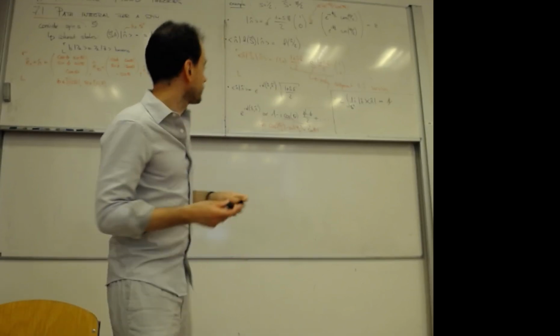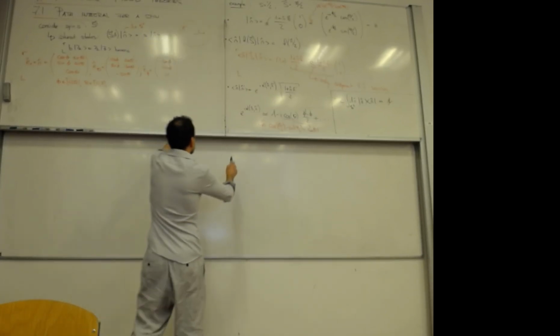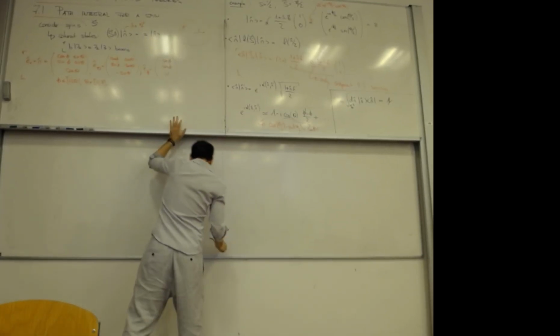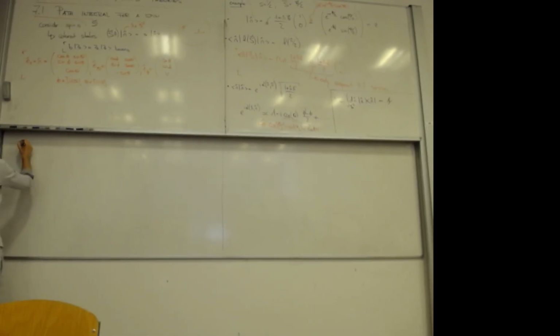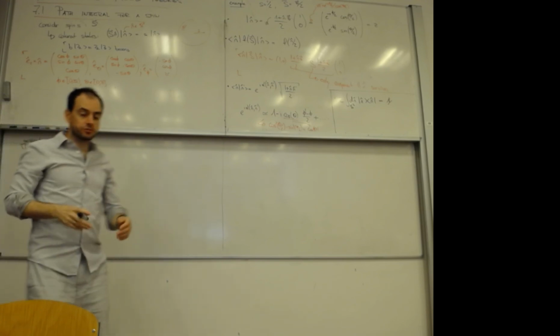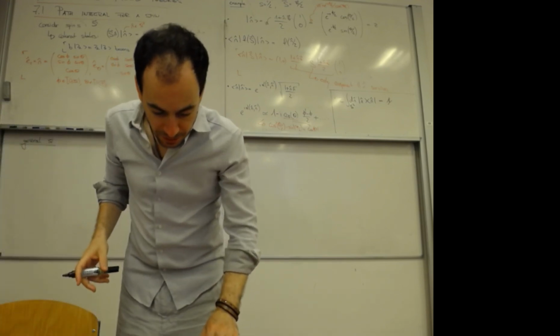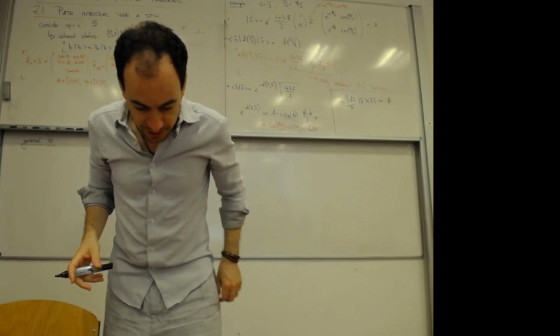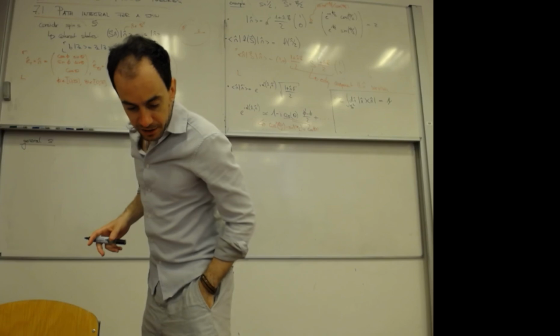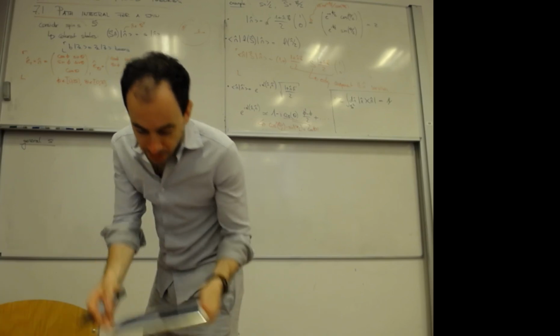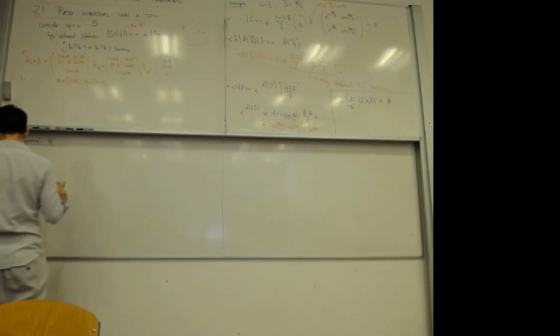All right. And now we can switch to more general S, and what we're using is what we just learned for spin 1/2. So the general S looks like this.